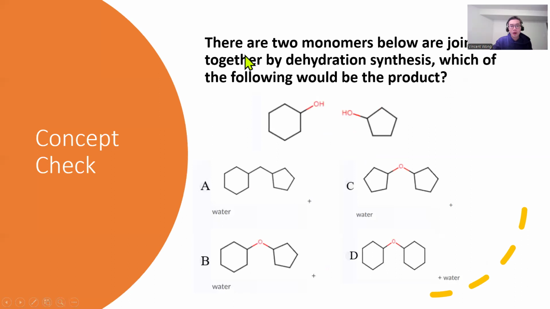Let's take a look at this question. There are two monomers here. We have one that looks like a hexagon, which I'll explain what it means later. There's one that looks like a pentagon. And if we want to join them together, what would be the product? Please choose one of the answers.